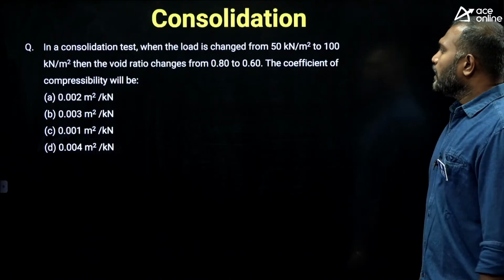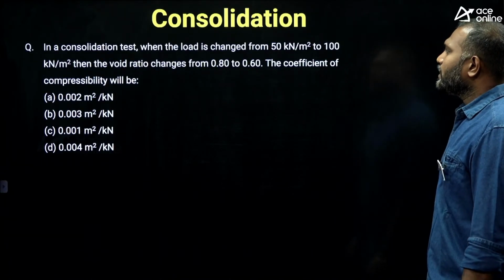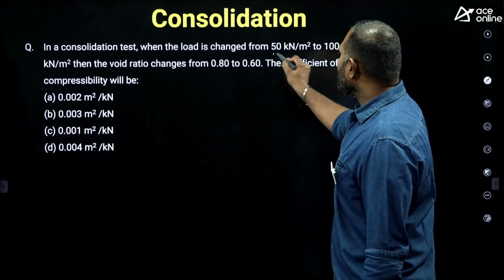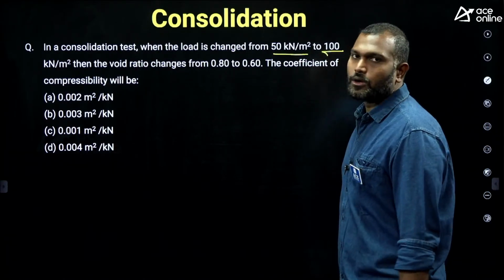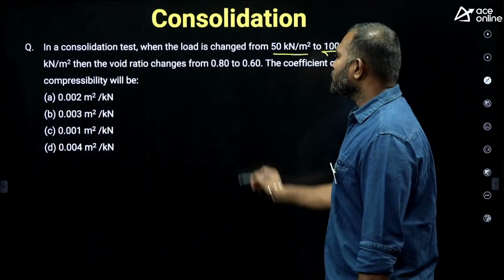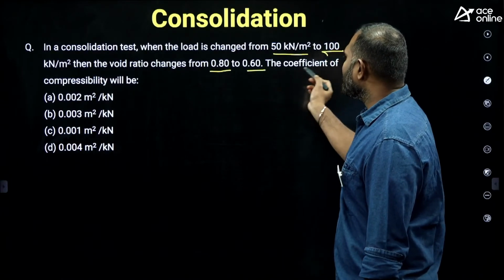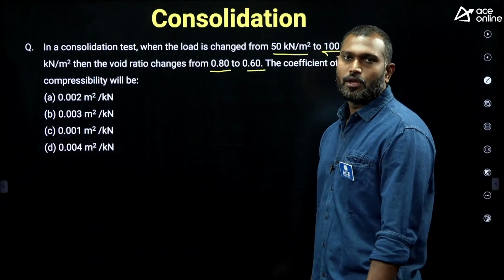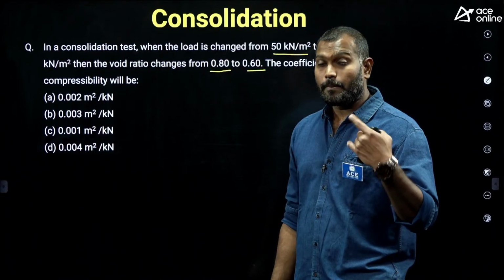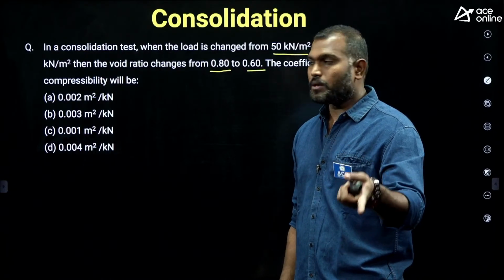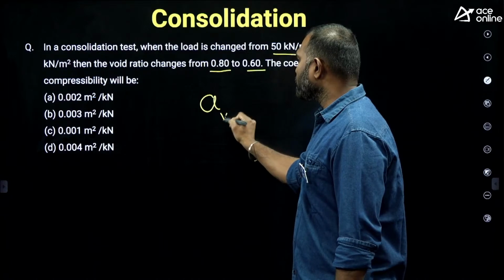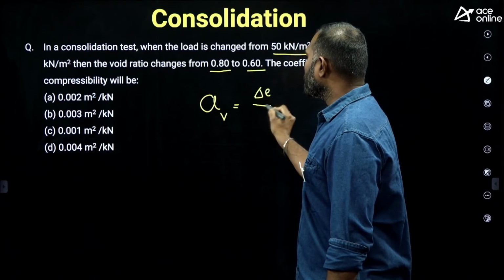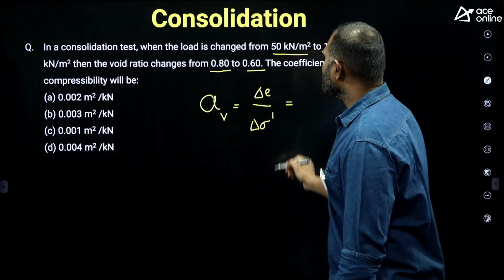Next, in a consolidation test, when the load is changed from 50 kilopascals to 100 kilopascals, the void ratio changes from 0.8 to 0.6, then the coefficient of compressibility. You know there are 3 coefficients: coefficient of compressibility, compression index, volumetric compressibility. Coefficient of compressibility is av, which is delta e by delta sigma dash.